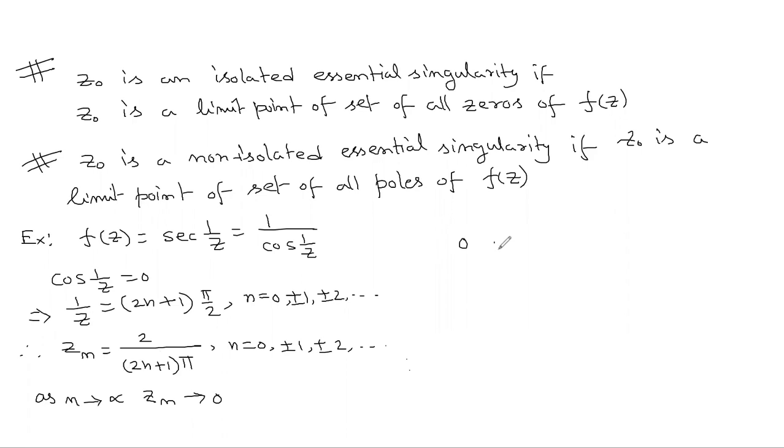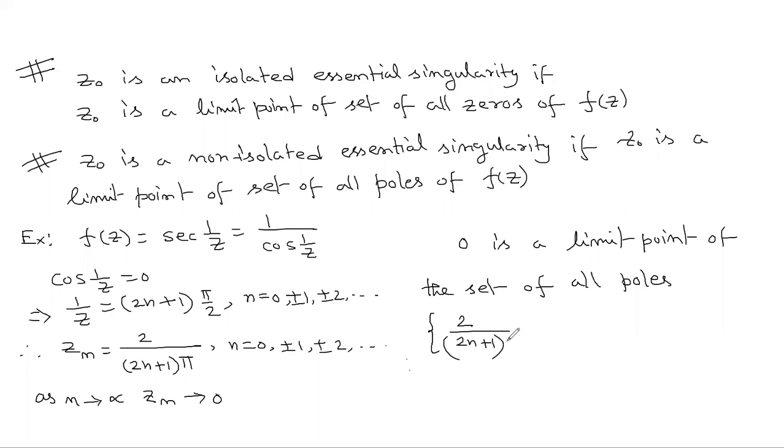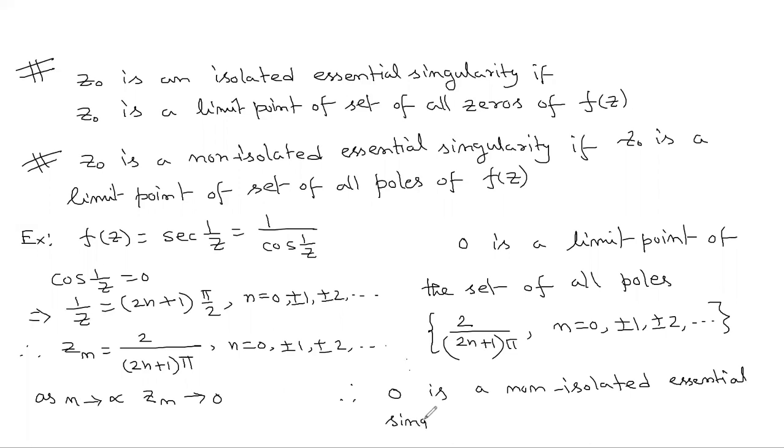So 0 is a limit point of the set of all poles 2 by (2n plus 1) times pi for n equal to 0, plus minus 1, plus minus 2, etc. So here we can see 0 is a non-isolated essential singularity of the function fz.